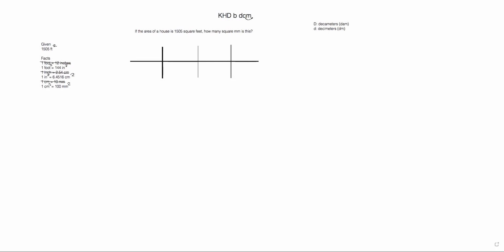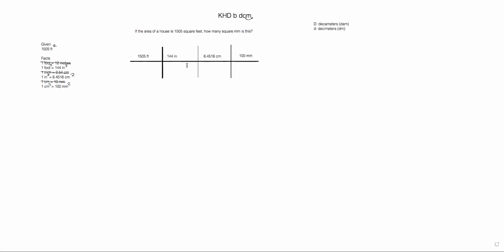And then we're converting square inches into square centimeters. And then we are converting, it's not going to let me do that, is it? Nope, it's going to be difficult. Okay. So then we have square millimeters as the answer that we're trying to get. That's our final unit that we desire.